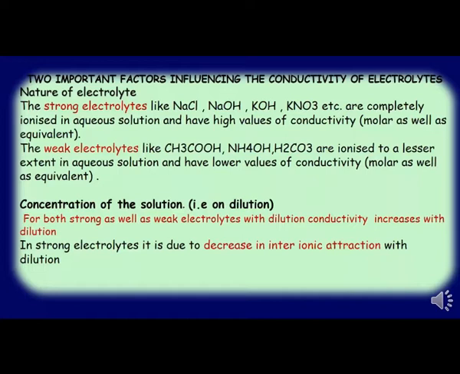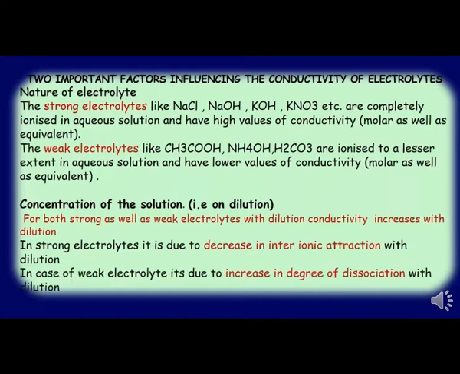Therefore, there is inter-ionic interaction. Anion will attract cation. As a result, their movement is reduced. But when you add water or dilute the solution, since they become further apart, their ionic mobility increases. Hence, the decrease in concentration increases the conductivity.